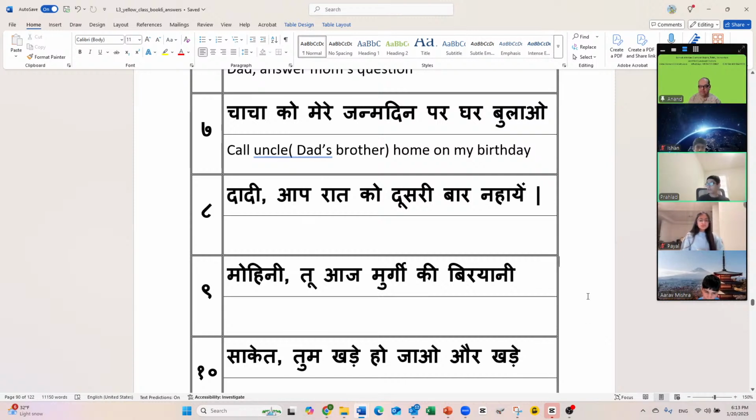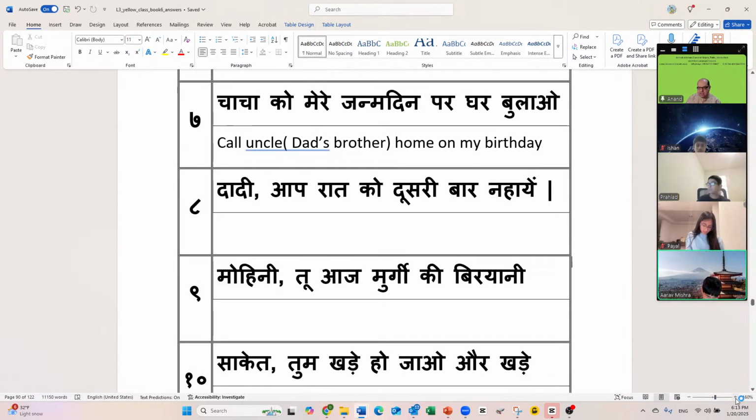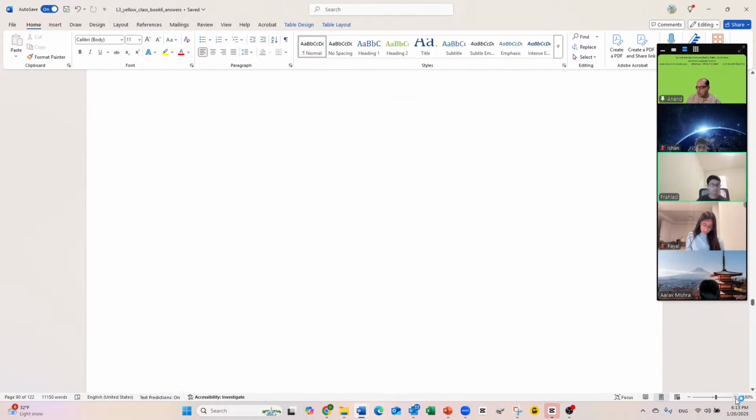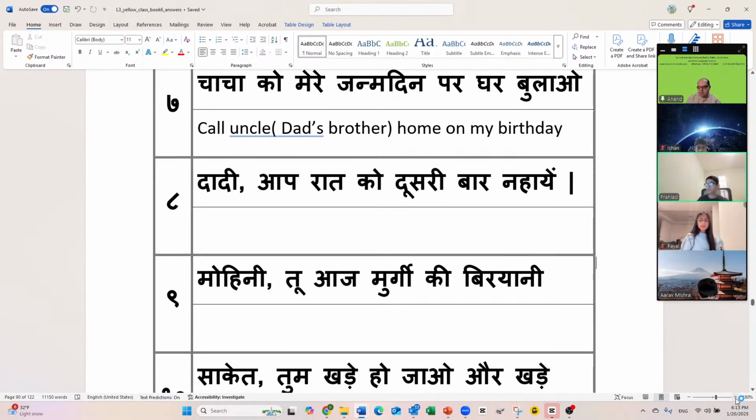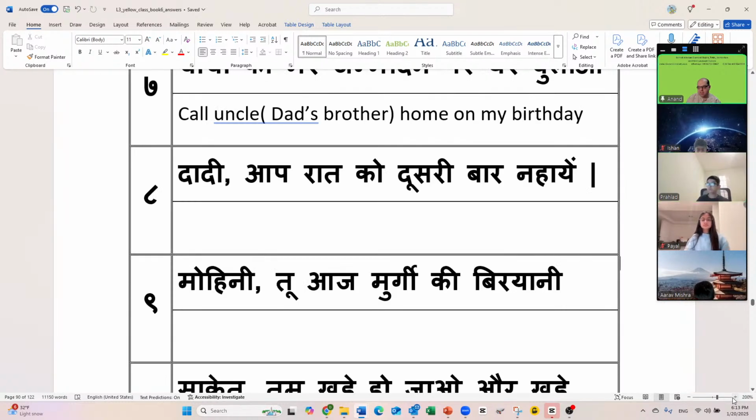दादी आप रात को दूसरी बार नहाए. Okay, let's repeat this. दादी, आप रात को दूसरी बार नहाएं.